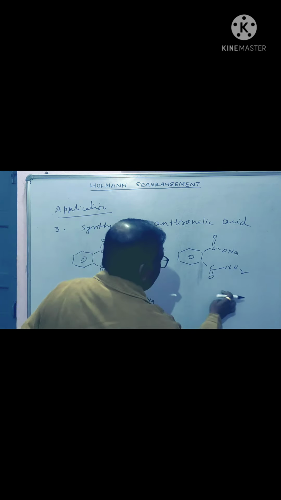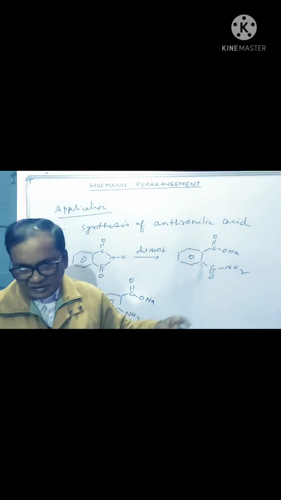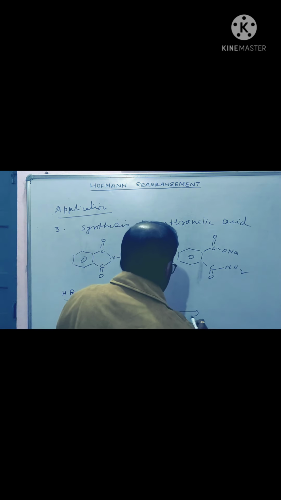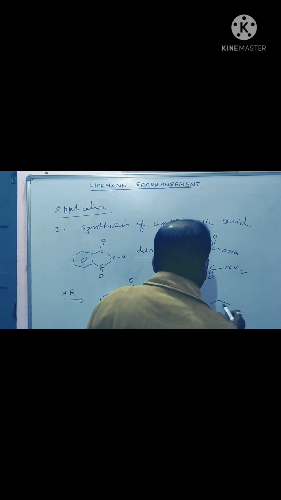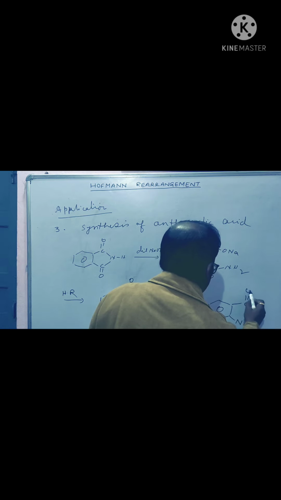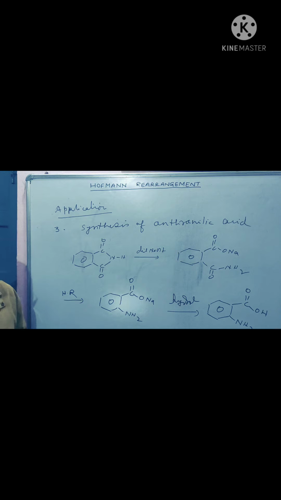Means Hofmann rearrangement will take place at this portion. Now, it is hydrolyzed with dilute HCl, then you will get this. It is anthranilic acid.